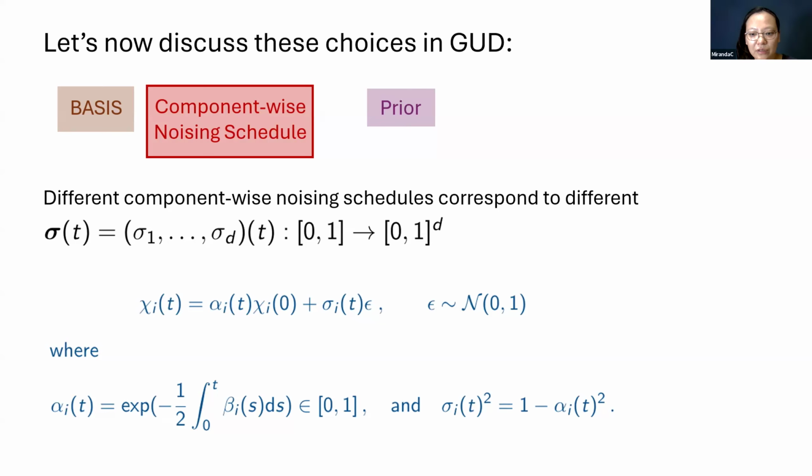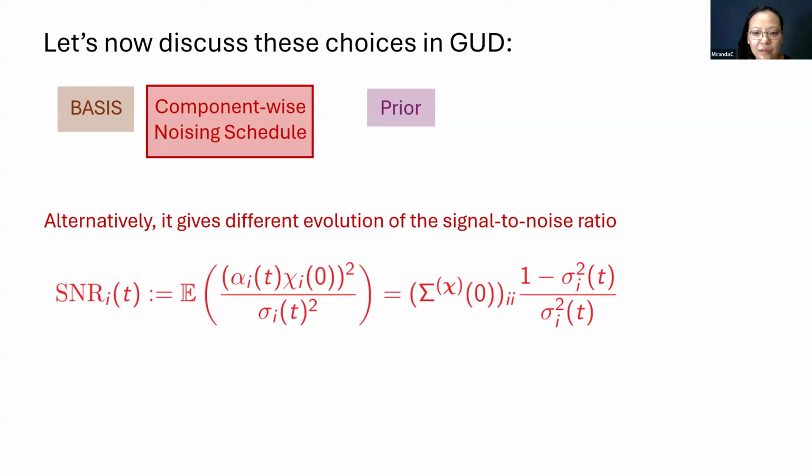Now it's a vector. Alternatively, it gives a different evolution of the signal-to-noise ratio for each component. So you can tune how fast you want the signal to disappear, or in the reverse direction, how fast you want a given degree of freedom to be constructed.